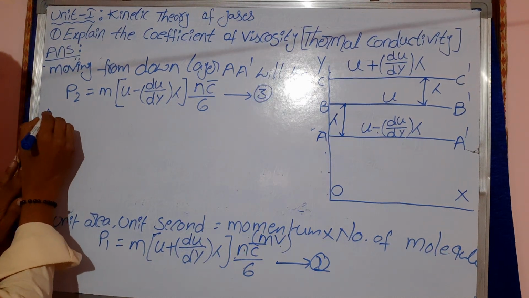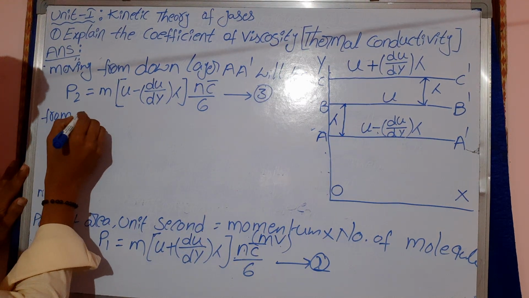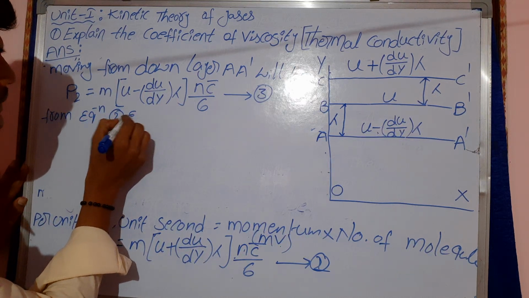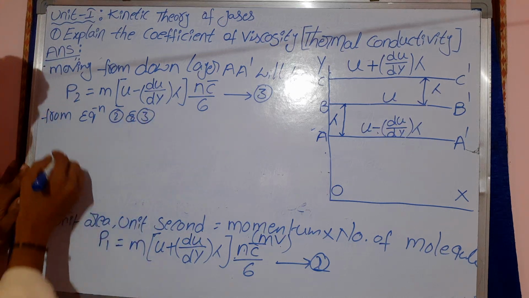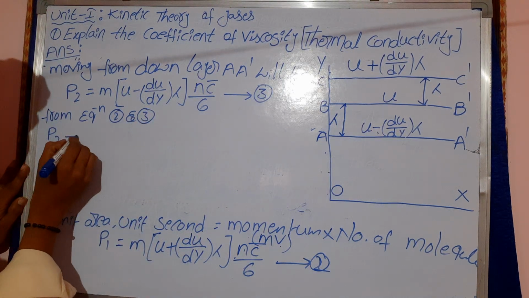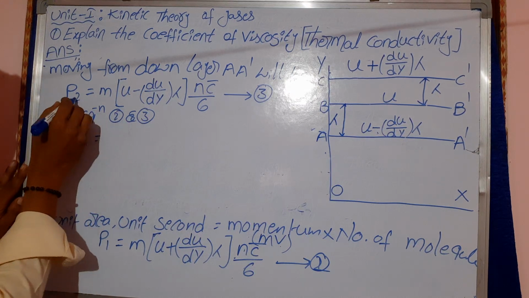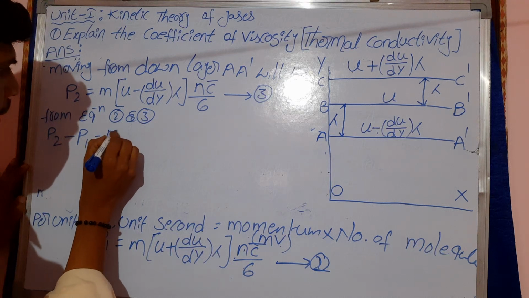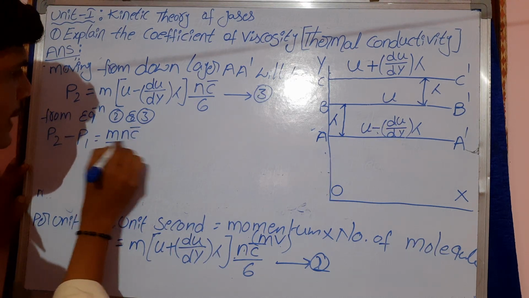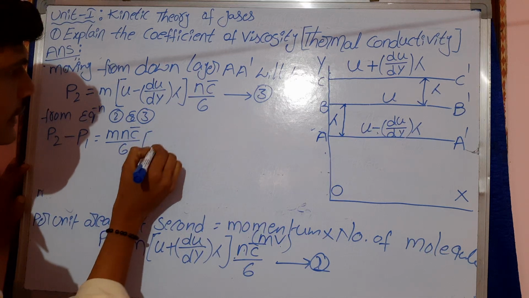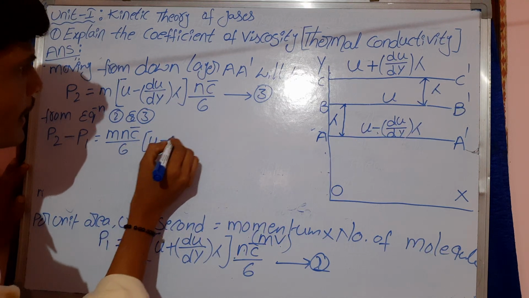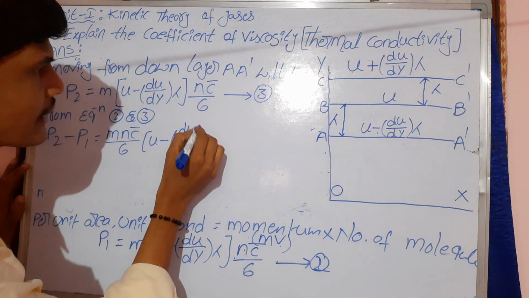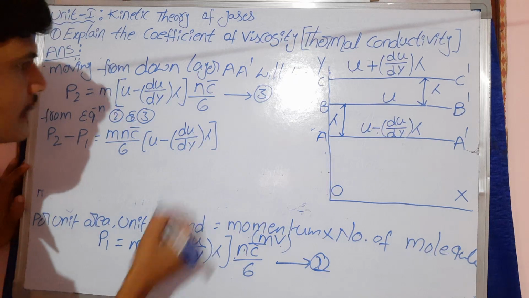From equation 2 and 3, that means P2 minus P1. P2 means m n c bar by 6 into u minus du by dy into lambda.